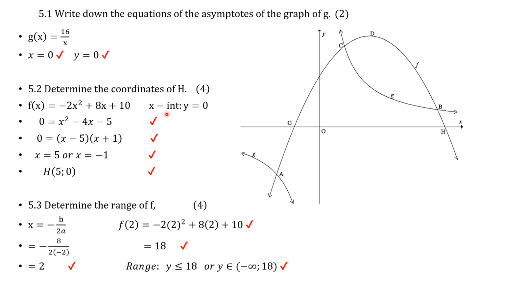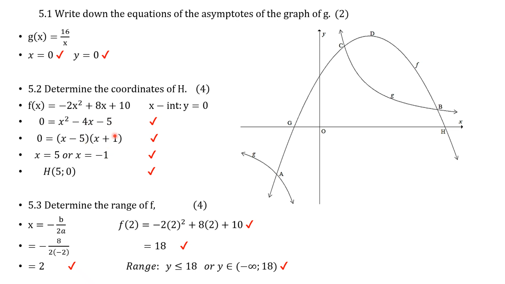So 1 mark for writing it in standard form. x squared can only be written as x times x. Factors of 5 that add up to 4: 5 is a prime number, so it only has the factors 5 and 1. Negative 5 times positive 1 gives me negative 5, and negative 5 plus 1 gives me negative 4.